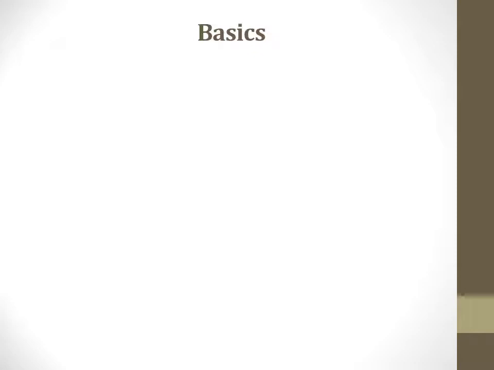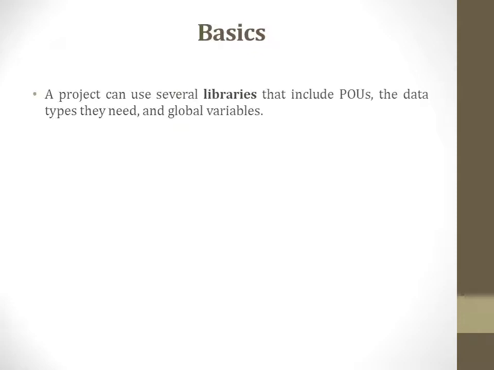So before we begin, we need to discuss some basic information about this library. A project can use several libraries that include program units, the data types they need, and global variables. Yes, all these things are contained in libraries.